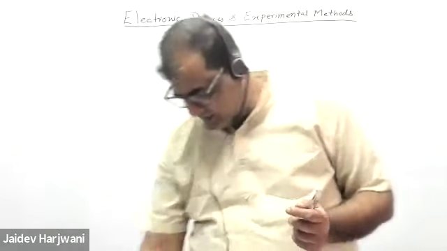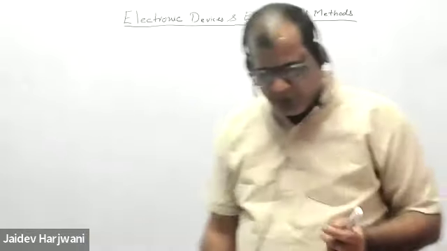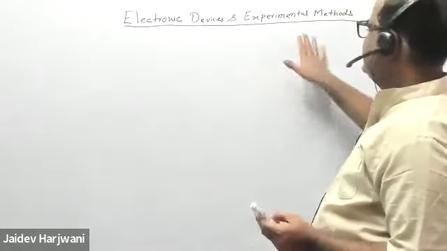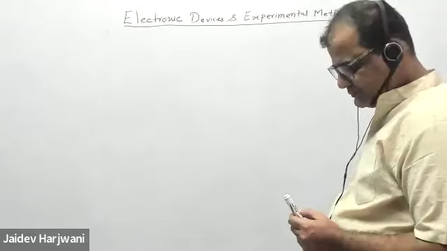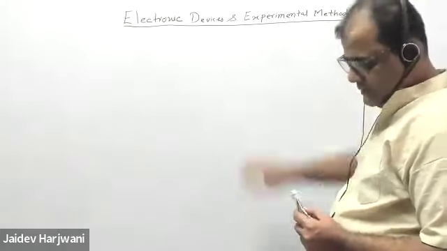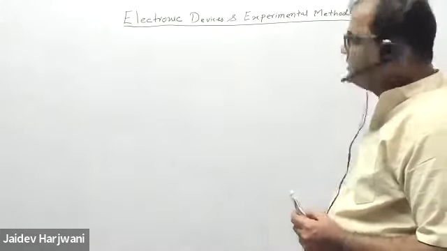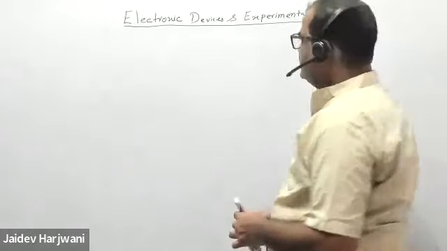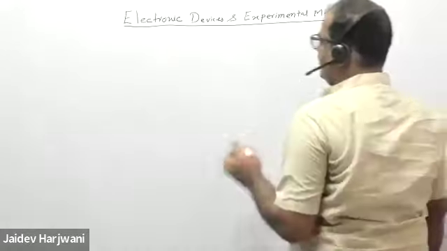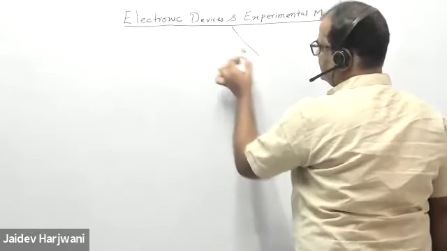So let us start. I am going to teach you electronic devices and experimental methods. So let us first discuss the syllabus of this course. This topic has mainly two parts.